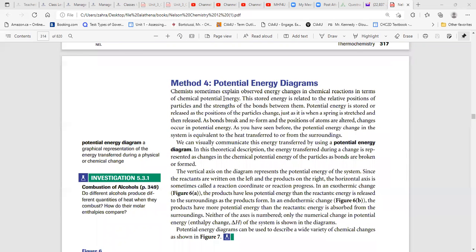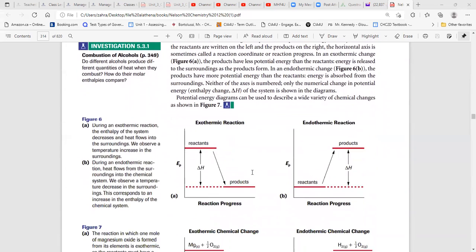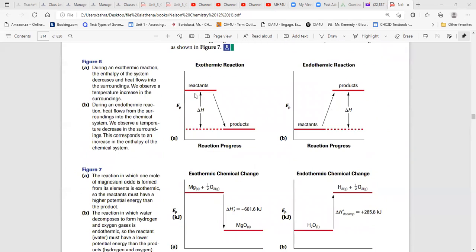Okay, here the fourth method is using a diagram. When it's exothermic, the reactant is above and the product is lower, showing the energy release. When it is endothermic, the reactant is lower than the product, meaning energy is absorbed.